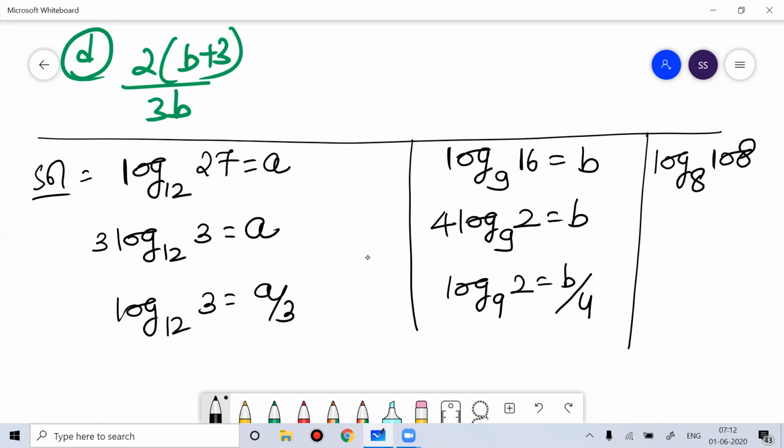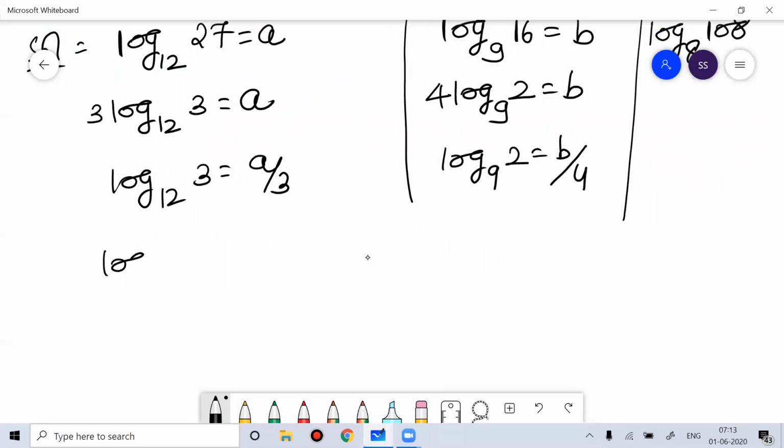Then what can I do? Okay, so their bases are different. In this problem, the bases are different, for log base 12 of 3 the base is 12. What can I do? I can write this as log base 3 of 12 is equal to 3 by a.